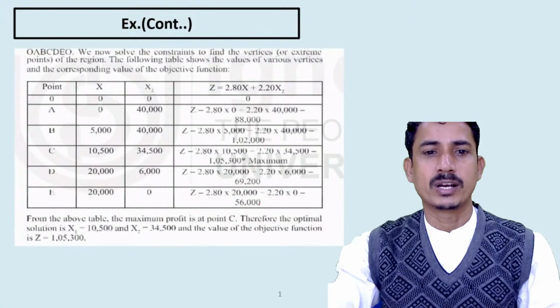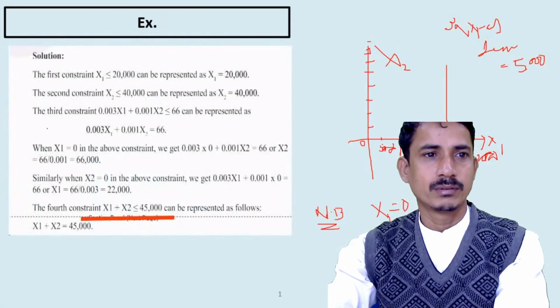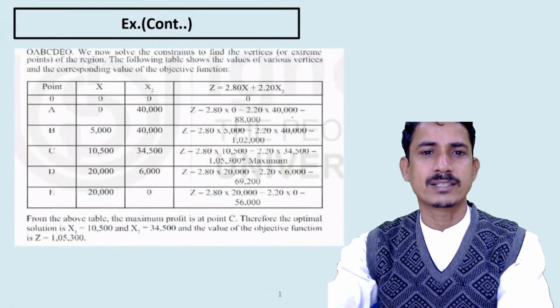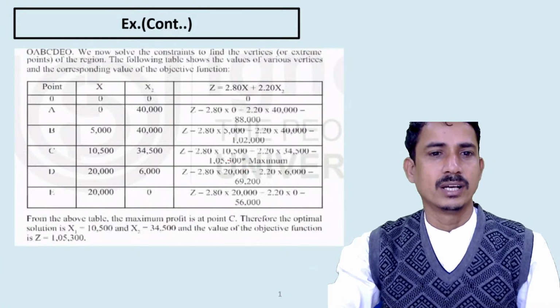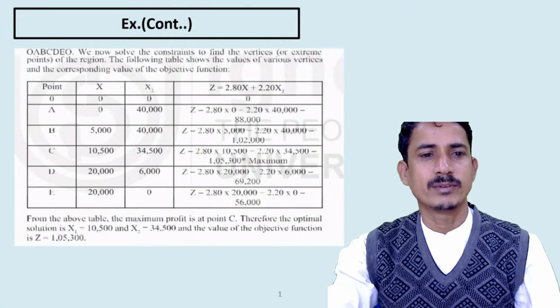1,05,300, 69,200, and 56,000. But the question asks about maximum. Now in this table you have to check which one is maximum. The maximum is 1,05,300, where the x1 value is 10,500 and x2 value is 34,500.